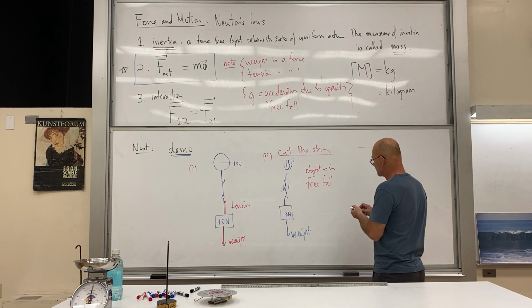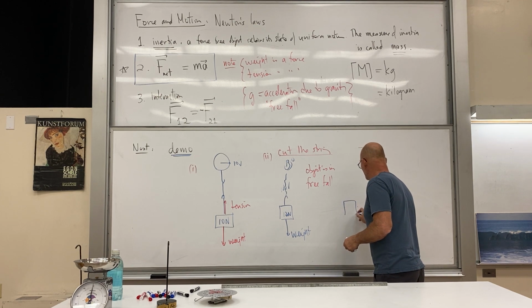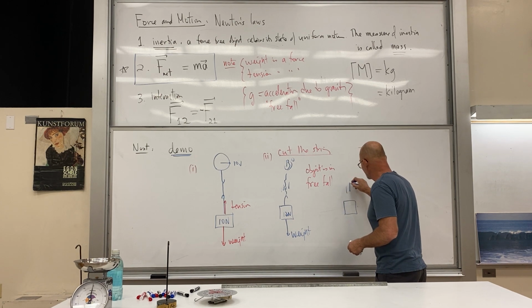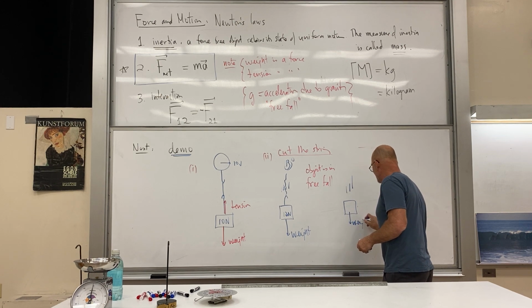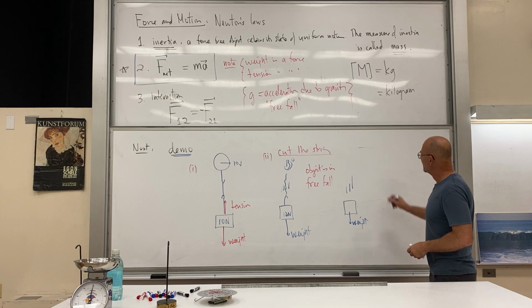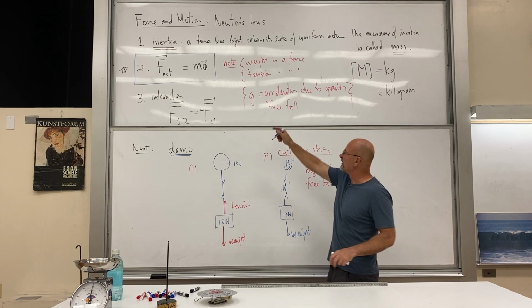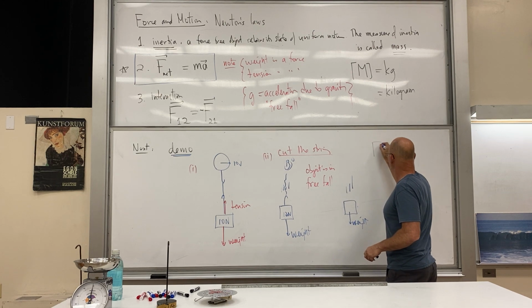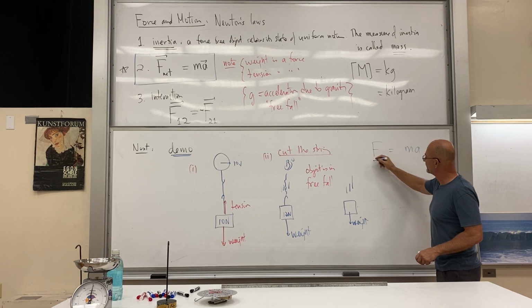So here's what we have. We have this object here, I'll just indicate with these lines that it's in free fall, and it has the weight on it. So let's look at Newton's law here. F equals mass times acceleration.